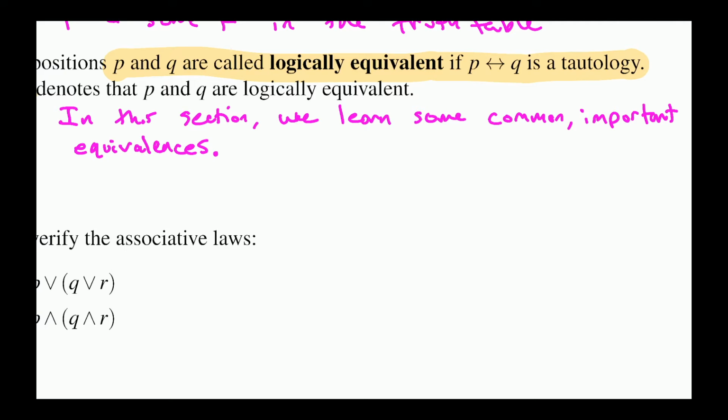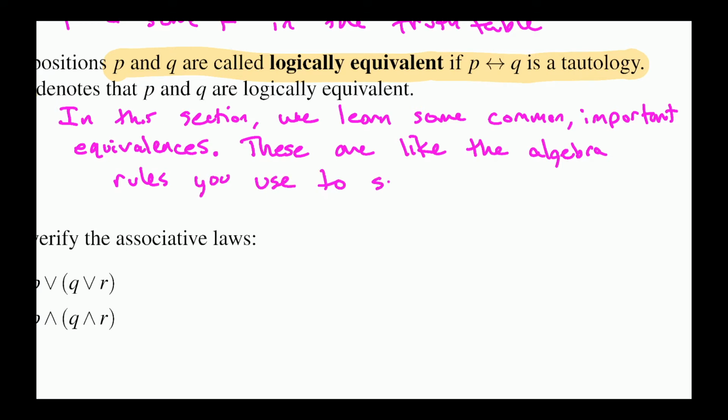So these common important equivalences will be our rules, the algebra rules that you use to simplify equations. That's why we want to learn them.